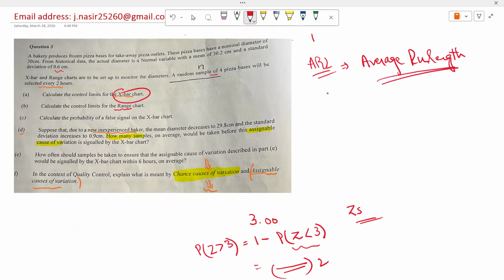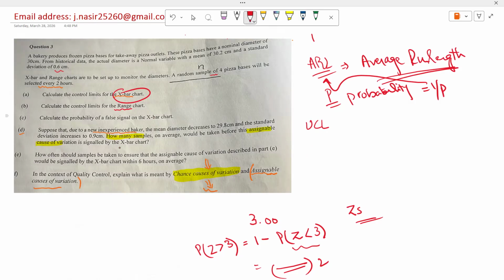And what is the formula to find this? To find this ARL, I need the probability, right? Because the formula for the ARL is one upon p, the probability of the sample getting signaled out. So I need to find this. How do we find that value? I have my upper control limit for the X bar chart.